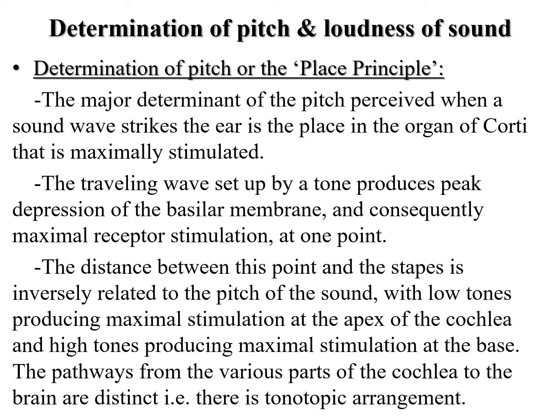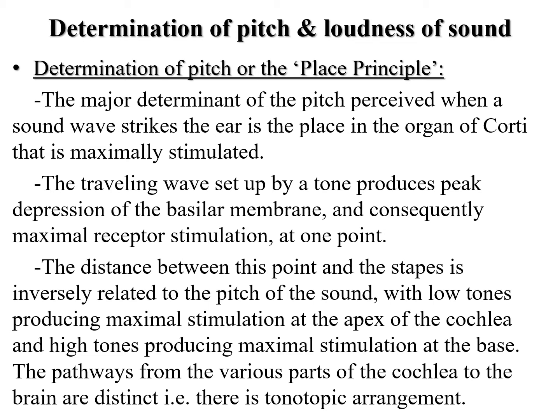Again, sound of a particular tone will cause maximal stimulation of receptors at one particular point or place in the cochlea. This place where it is maximally stimulated is innervated by nerves which are tonotopically arranged in the cerebral cortex. So if these nerves are stimulated, we will perceive that tone.